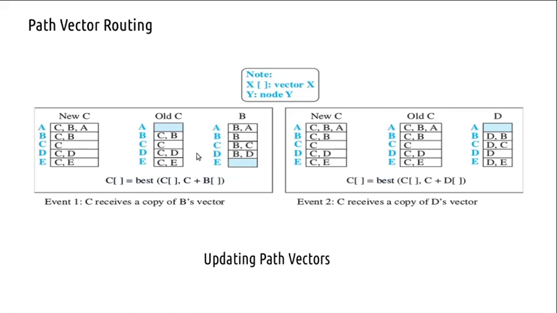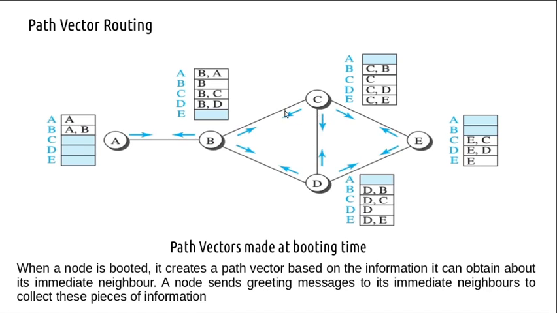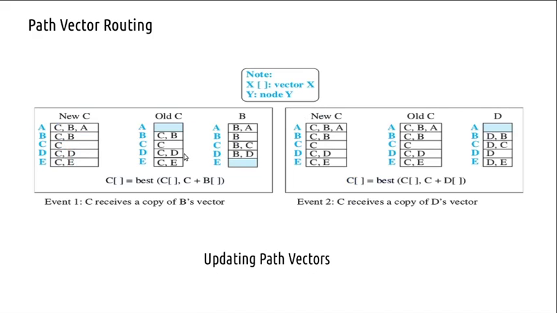B sends its path vector to C, and C understands that there is a path to A through B, that is BA. So through B it can reach A. Similarly, other entries are also updated.